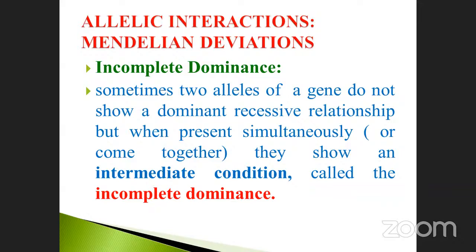The dominant character will be expressed in the F1 generation, isn't it? But incomplete dominance, what does that mean? Sometimes two alleles of the gene do not show a dominant-recessive relationship, but when present simultaneously or come together, they show an intermediate condition called incomplete dominance. We already saw that, isn't it?